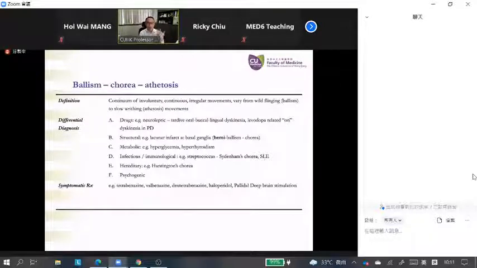Although it's alarming, I usually explain to the relatives and the patient that this is a minor stroke because of a very small infarct, but the infarct hits a strategic area which causes involuntary movement. The other causes are less common.